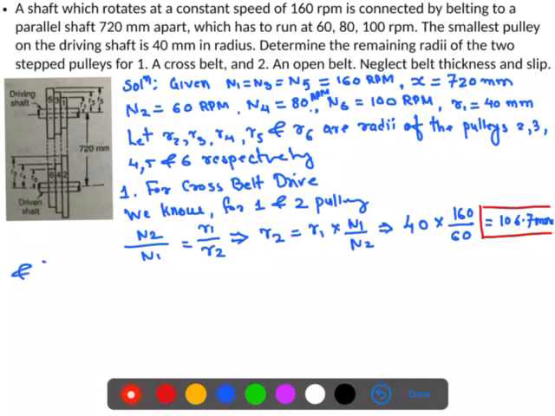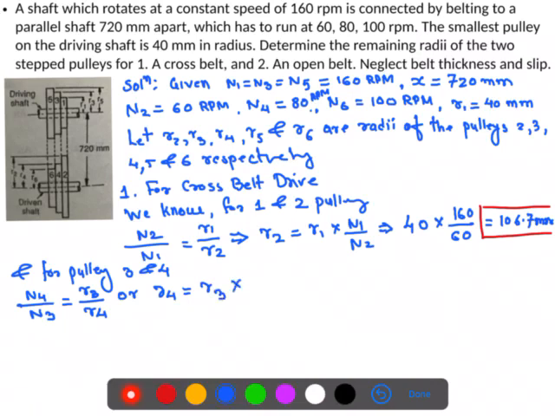And for pulley 3 and 4, we can write down N4 divided by N3 is equal to R3 divided by R4, or we can say R4 is equal to R3 multiplied by N3 divided by N4.